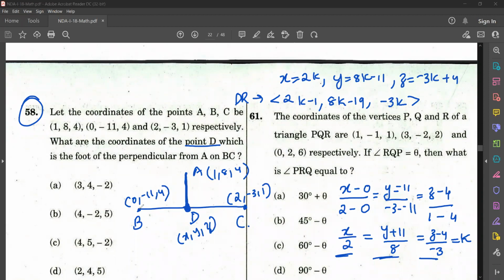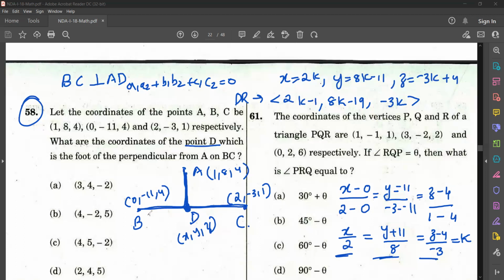Now we know that BC is perpendicular to AD, because D is the foot of the perpendicular from A. BC perpendicular to AD means, in terms of direction ratios, a1a2 + b1b2 + c1c2 = 0. The direction ratio of AD we have already written.